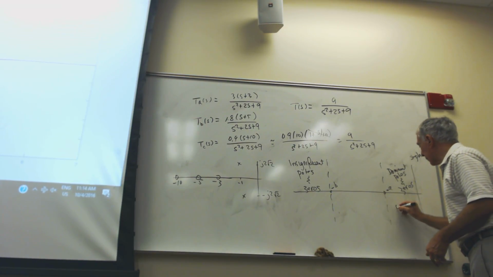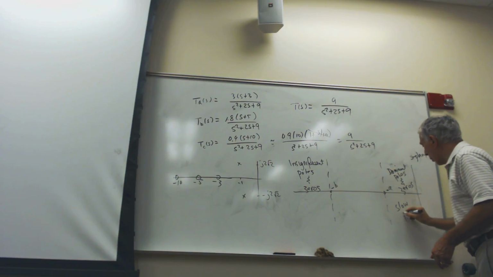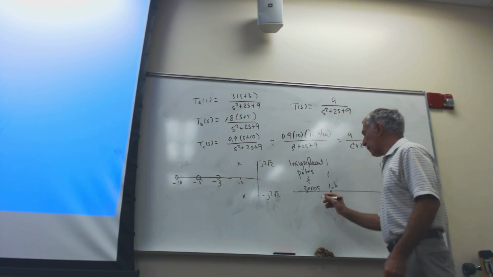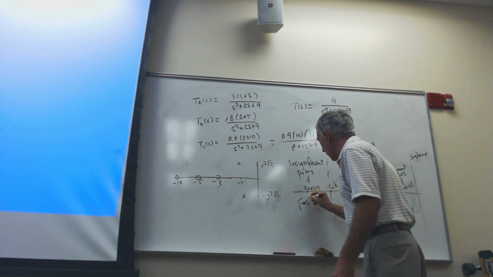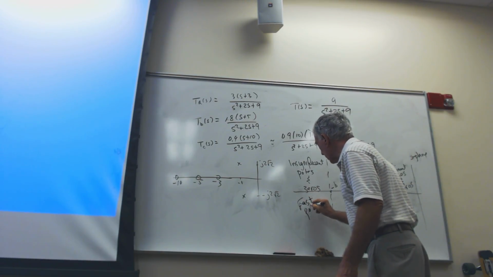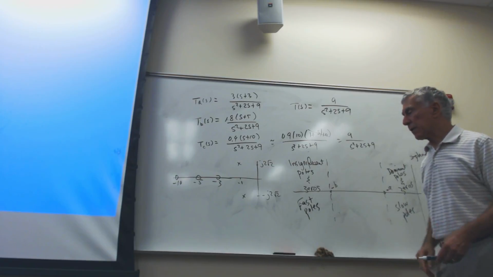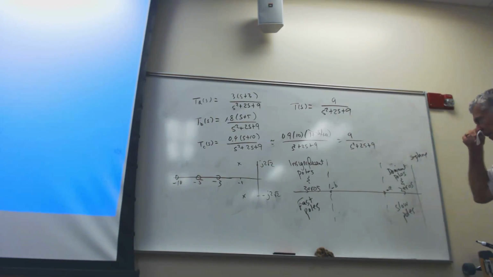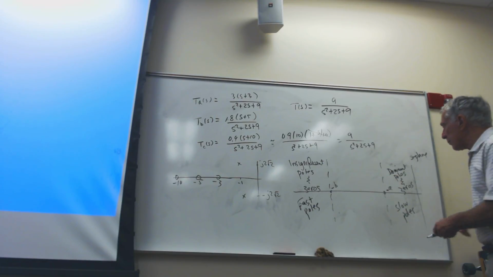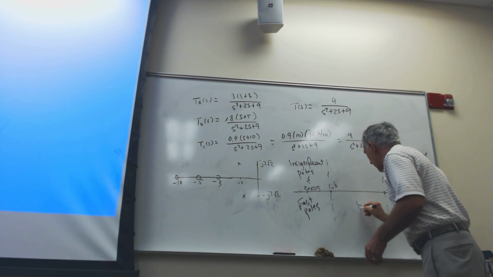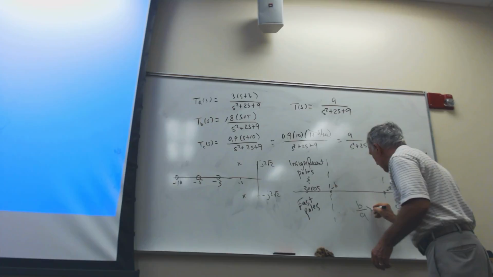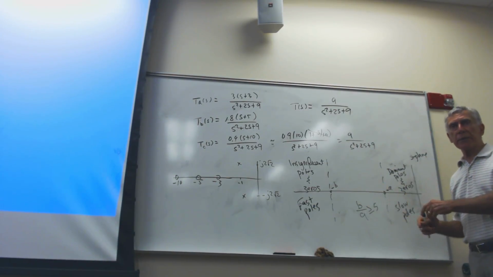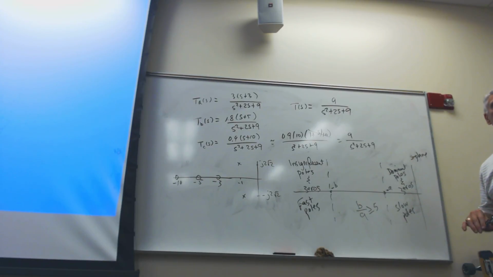So we have slow poles here, and here we have fast poles, fast poles. And so what we said was that this ratio B to A should be greater than or equal to 5. Of course, the greater it is, the better the approximation.